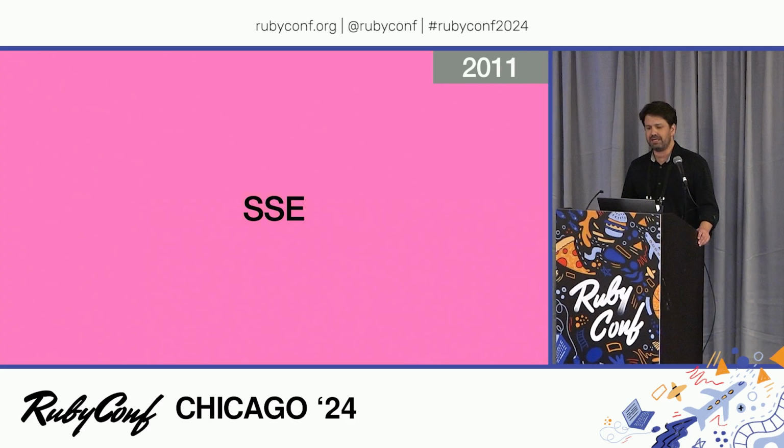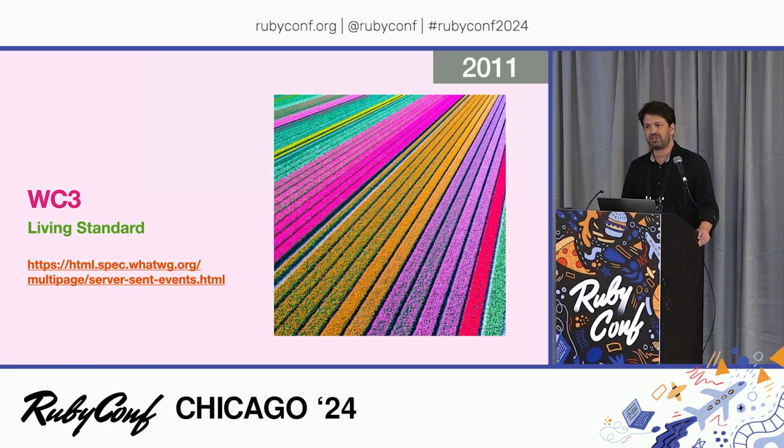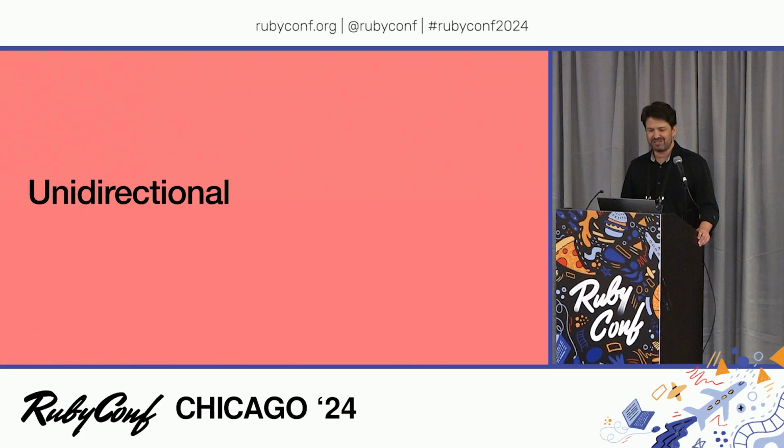So SSE actually did not precede WebSockets. It was the same year. It was the World Wide Web Consortium acting unilaterally without the need for any Internet Engineering protocol fuss. So they focused on the web API. What they don't have is bidirectionality.